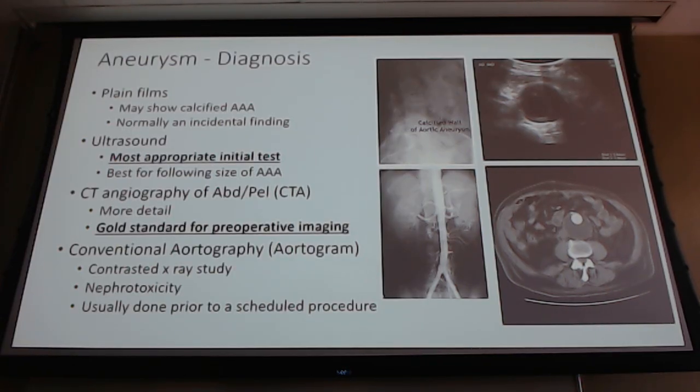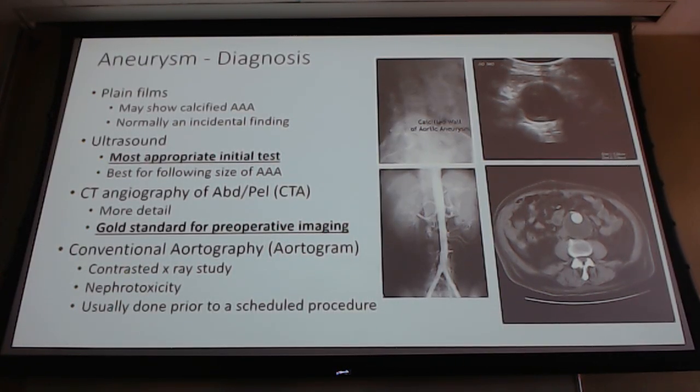When we get to the point where the ultrasound is suboptimal, like we talked about before, or we want more detail, or if we know we're going to go to surgery, they have to get a CT angiogram of the abdomen and pelvis. That's with contrast. The contrast still goes into the vein, but imaging is delayed so that we pick up the contrast as it comes back around through the arterial system.